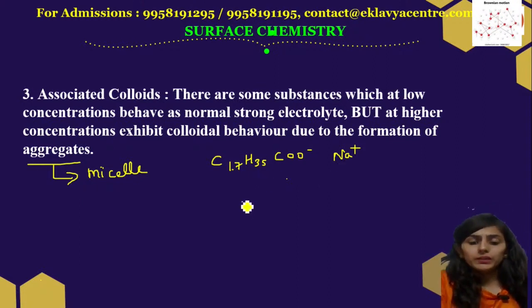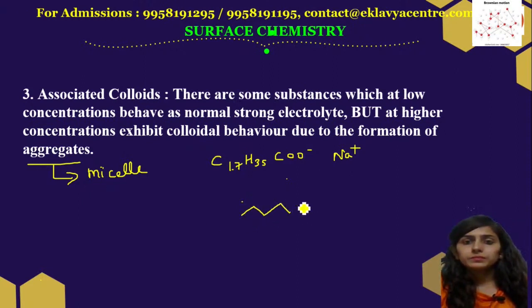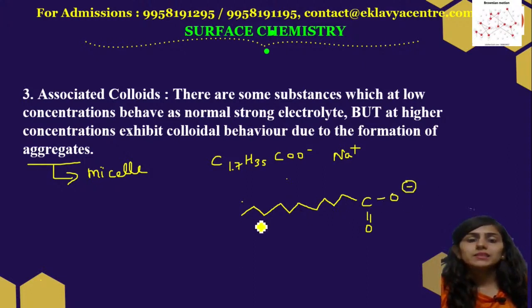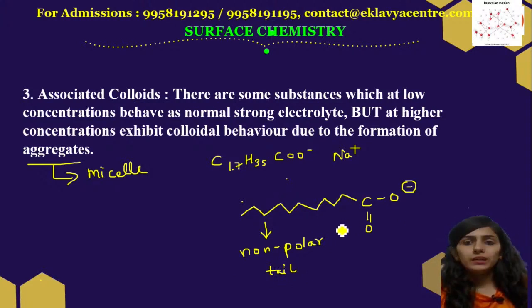If I draw it like this, this is COO minus, and this is the hydrocarbon chain, or we can call it the non-polar tail, and this is the polar end, so we can call it the polar head.